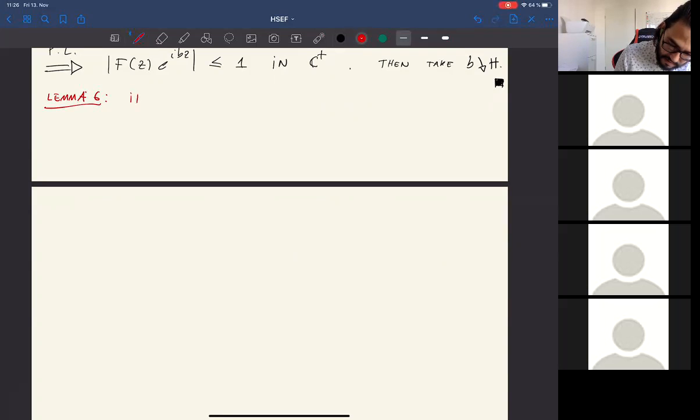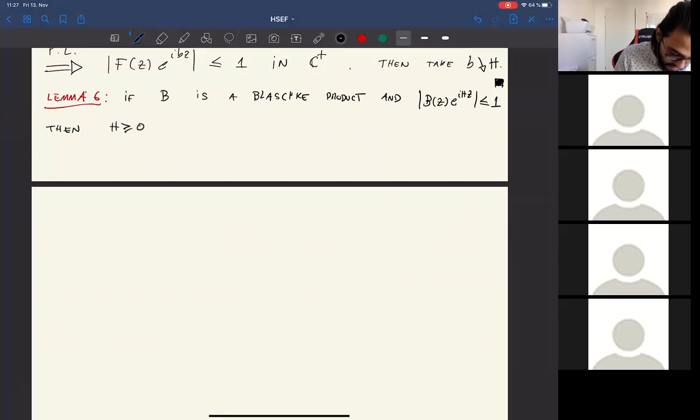It says: if B is a Blaschke product and B(z) e^{i h z} is still less or equal than 1 for some h real, then this h has to be greater or equal than 0. And the proof, just an idea.